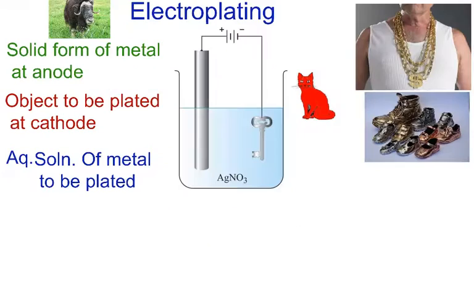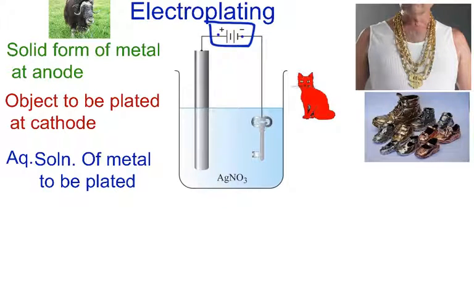Okay, we move on. Electroplating is a very, very simple process. We have our battery once again here, and we have our 2 terminals, a negative terminal and a positive terminal. And in the electroplating cell, we need a solid form of the metal that we want to put onto the object.